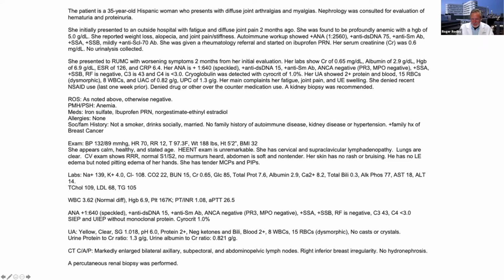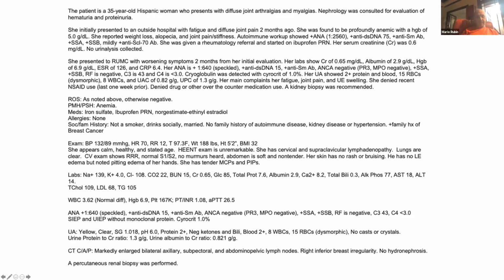It's hard to add to the excellent differential of Dr. Corbett, but it depends whether you're a splitter or a lumper. The adenopathy and the positive SSA and the profound anemia make me wonder about a superimposed lymphoma in this young lady.